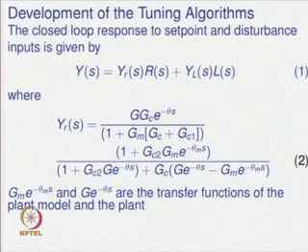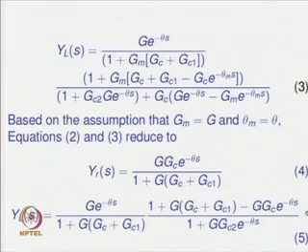As is evident from this denominator, under model matching condition, as you see in equation number 2, one part of the denominator will get eliminated, thus giving us a relatively simpler expression for Yrs.